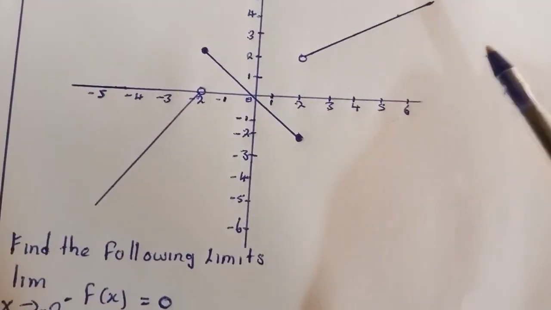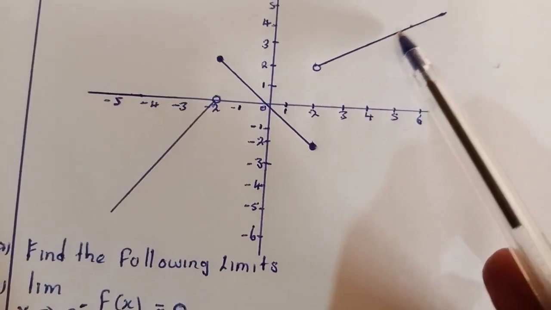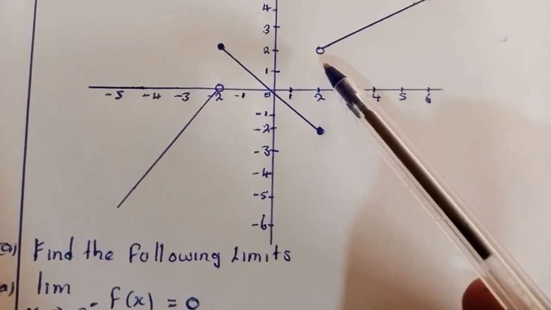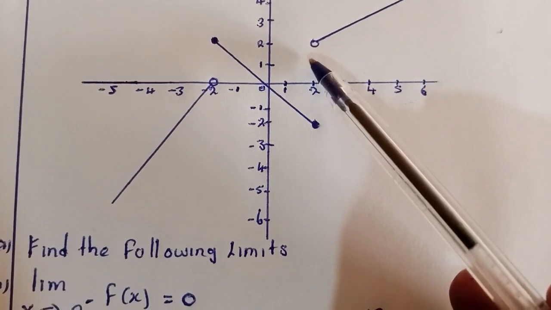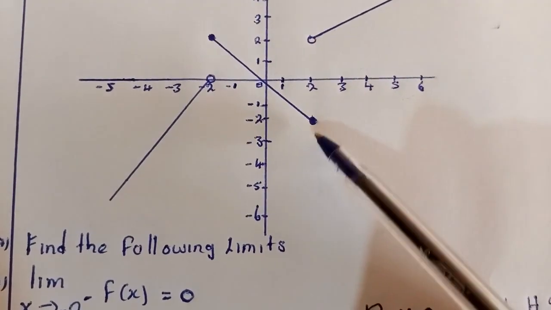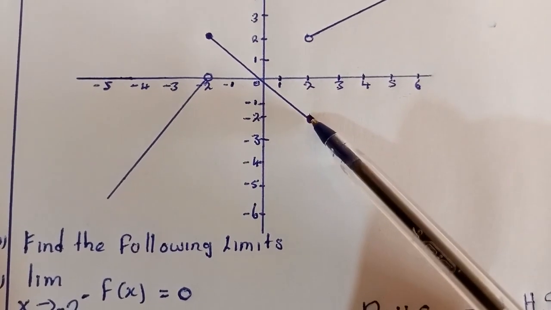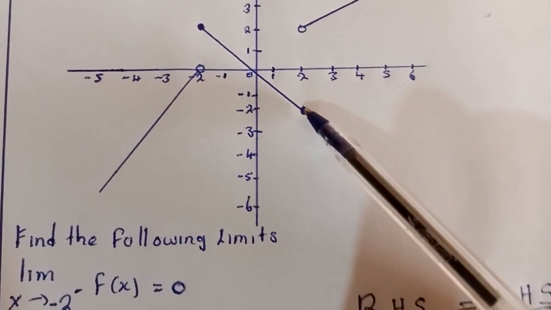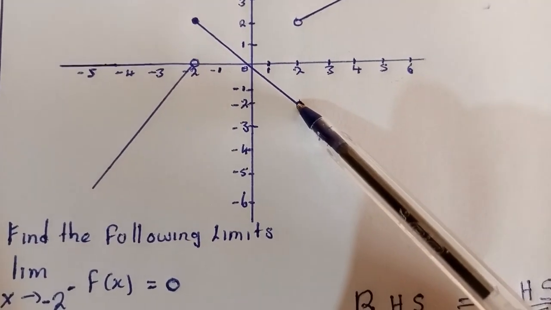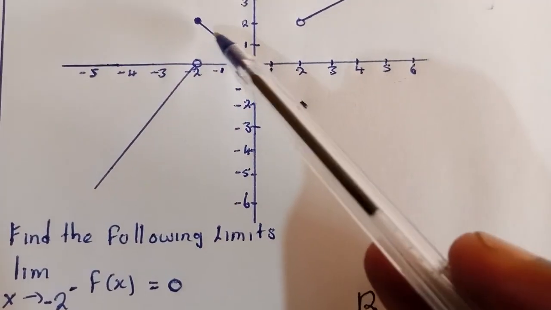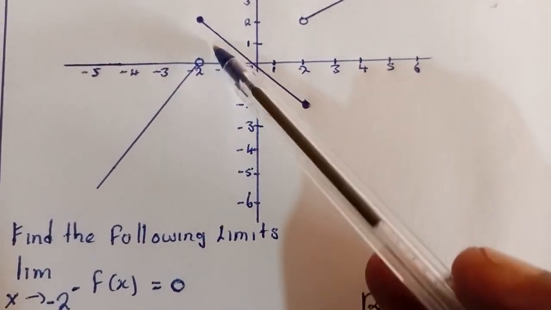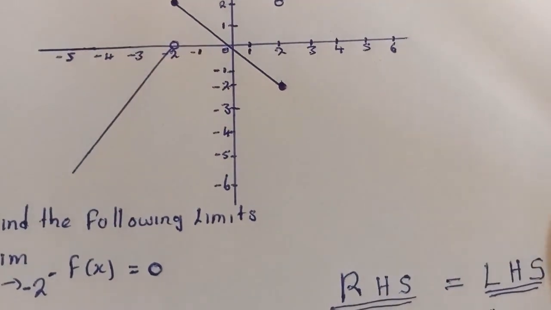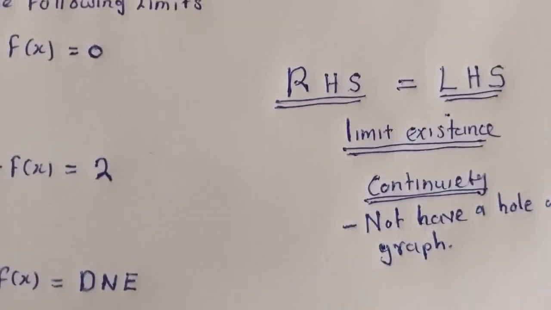So if you check, you are standing here like that. When you reach here, this hole, imagine that this is a drainage. What will happen if you would drown? So this is a discontinuity. But because this one is shaded, it is a closed circle, it simply means that it is continuous, okay? So as you are able to see, this is continuity. But here, there is a circle, so of course, there is a discontinuity. So you must not have a hole on the graph.